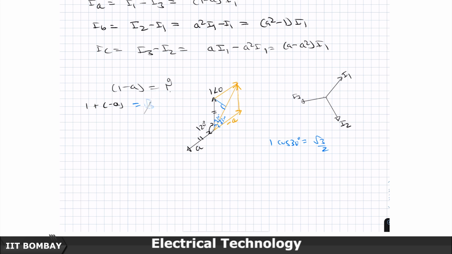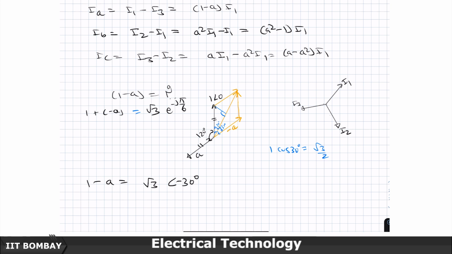Is it not? So, 1 minus a is root 3, and it lags the angle 0 phasor by 30 degrees. So, therefore, e to the power minus j pi by 6. So, 1 minus a is nothing but root 3 at an angle of minus 30 degrees.